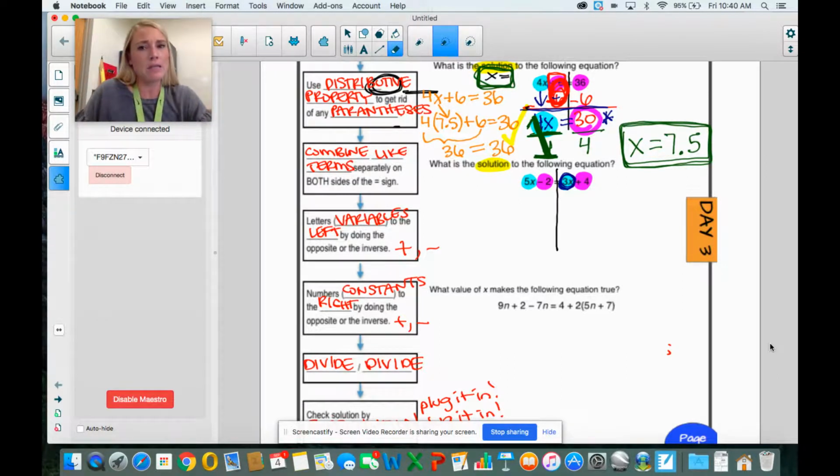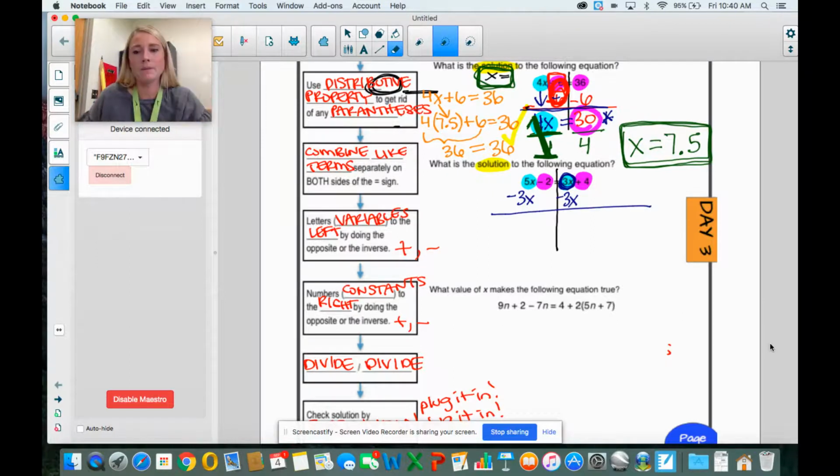Technically it's positive, so I'm going to subtract. Whatever I do on one side, I have to do on the other. Remember, blue can only combine with blue, variables with variables.